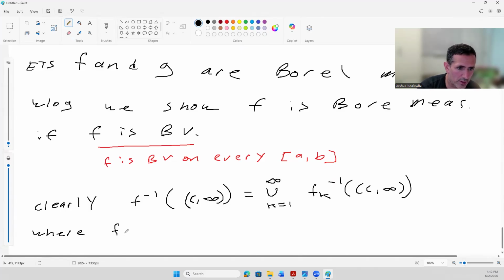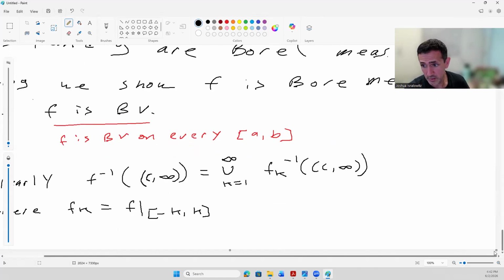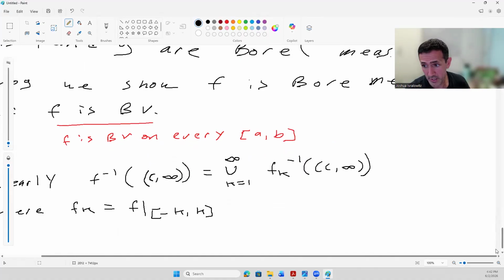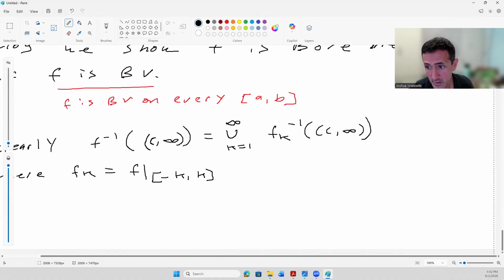Where F_k is just basically F on [-k, k]. That's a really good, easiest thing to do. And the point is that we know F is of bounded variation on [-k, k].